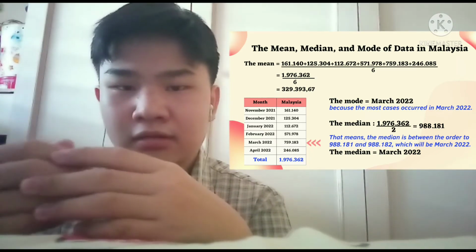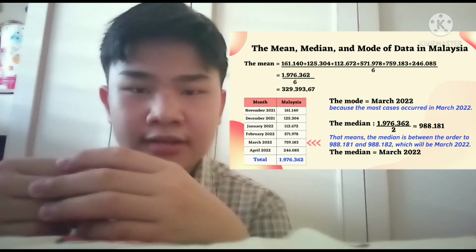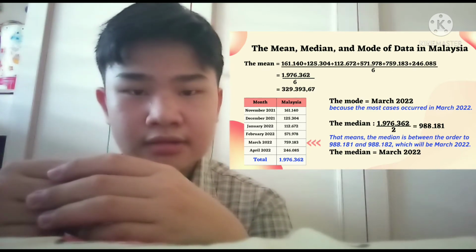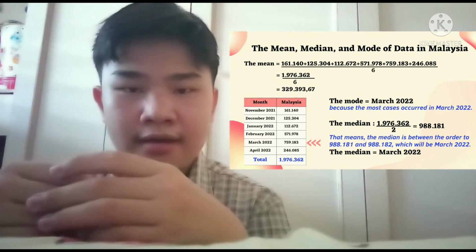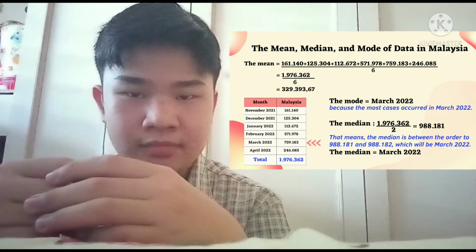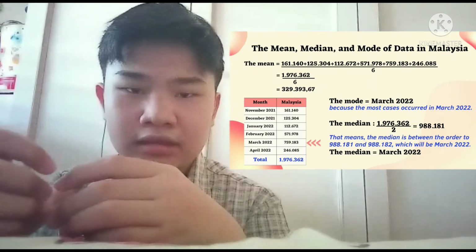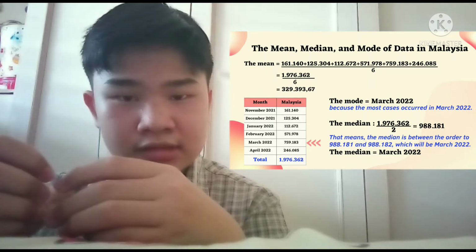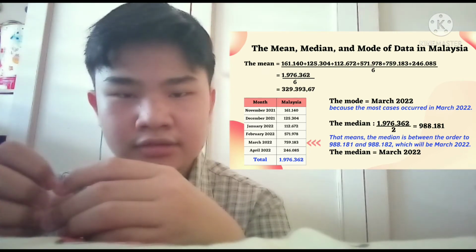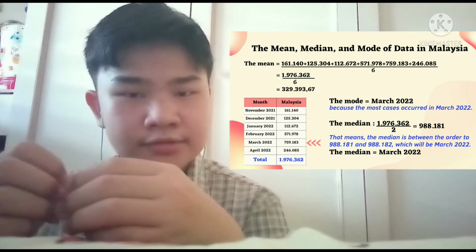We just have to sum it all, then divide it by 2, which leads us to 1,976,362 divided by 2 equals 988,182. That means the median is between the order of 988,181 and 988,182, which will be March.